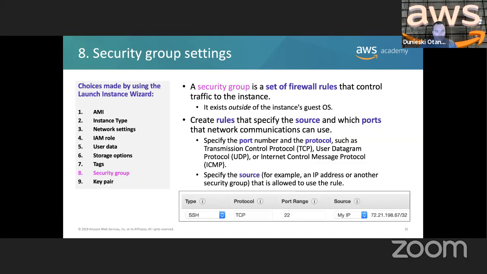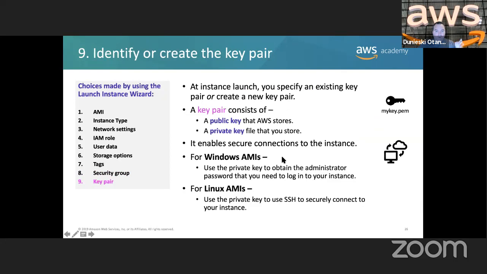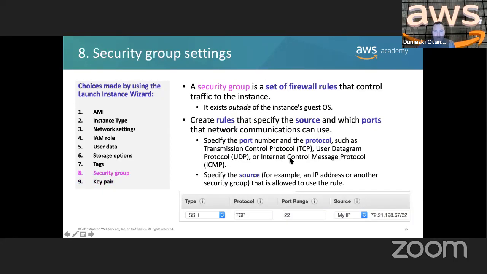You just open ports and allow traffic in, and what is allowed in will be allowed out. So you specify the port number and protocols such as Transmission Control Protocol, TCP, User Datagram Protocol, UDP, or Internet Control Message Protocol, ICMP. Specify the source, for example.